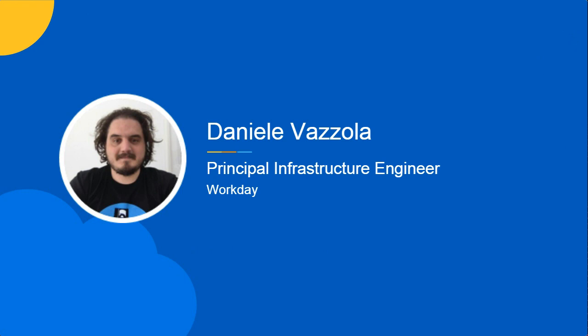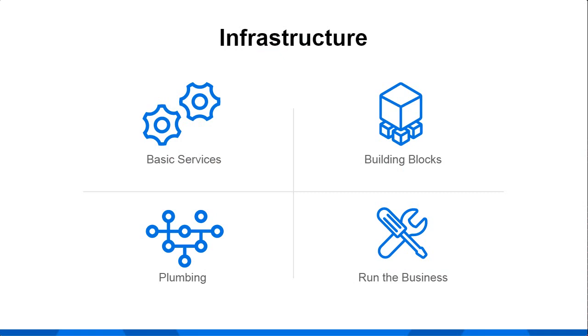And I work in the infrastructure team, which takes care of a number of things in Workday. The infrastructure takes care of running basic services for the rest of the service teams. So we get LDAP, DNS, SMTP, all that kind of low-level services.